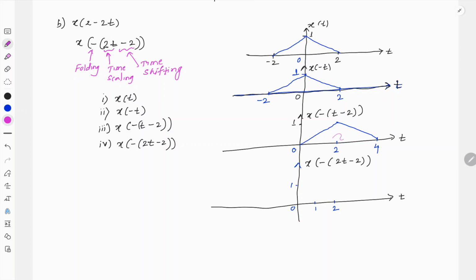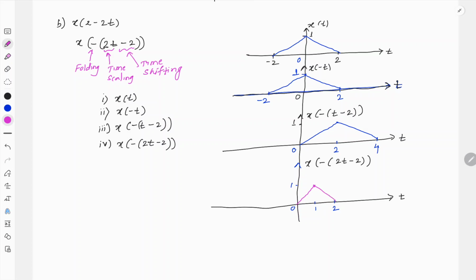So if we look at this previous signal, at 2 we have amplitude 1. 2 divided by 2 is shifted at 1 now. So at 1 we will have maximum amplitude, and then the nature of signal from 0 to 2 is a straight line, which is again shifted to 0 to 1. So we have a straight line in this way, and again we have a straight line in this way.